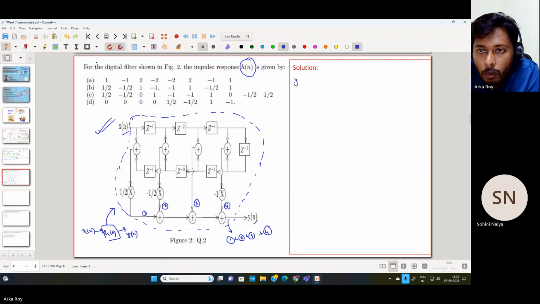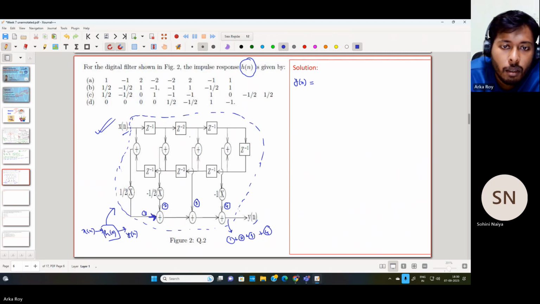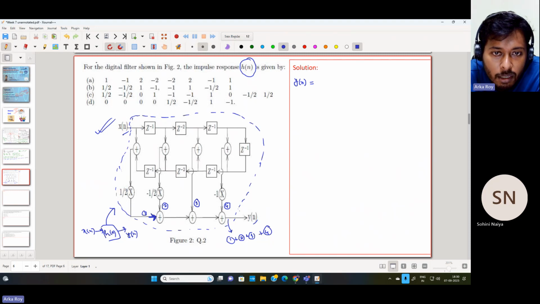So y(n) is equal to. I first have to check this particular operation. We can see that x(n) is passed through several delay blocks, so we have to cautiously calculate how many delays x(n) is basically seeing.